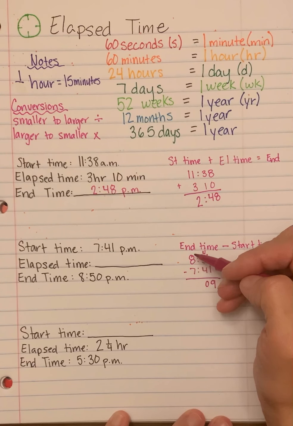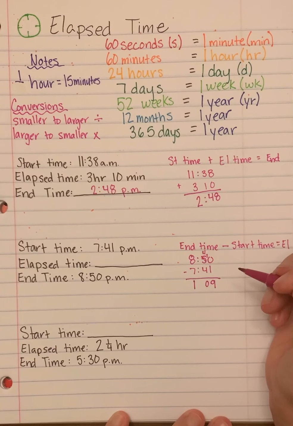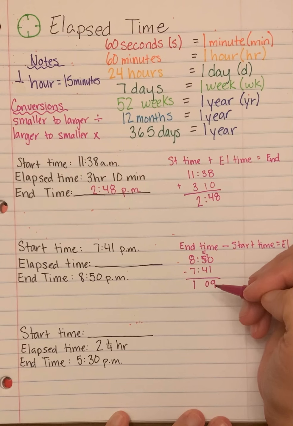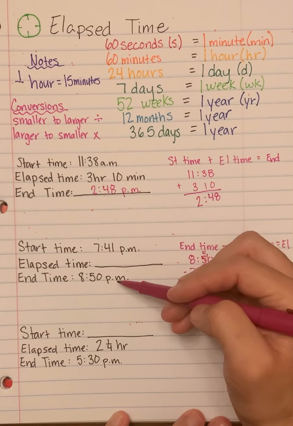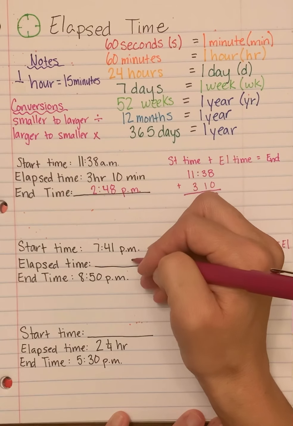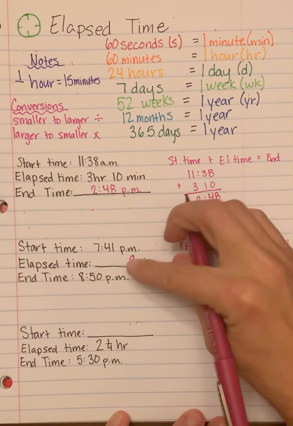So then I also know that I have 8 minus 7, which is 1. So for my elapsed time, I know it took me 9 minutes to get to 50. So 9 minutes would put me at 50 after.